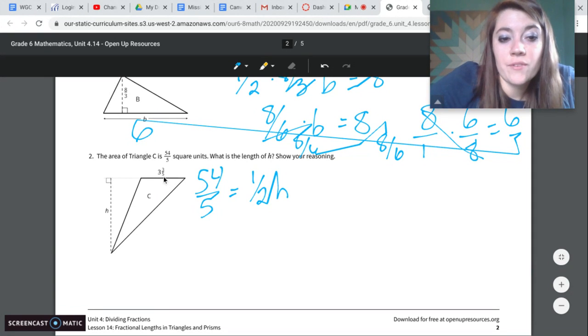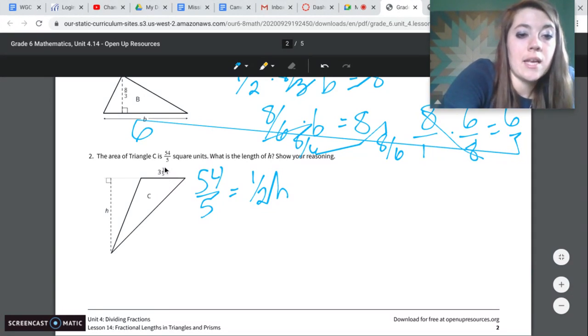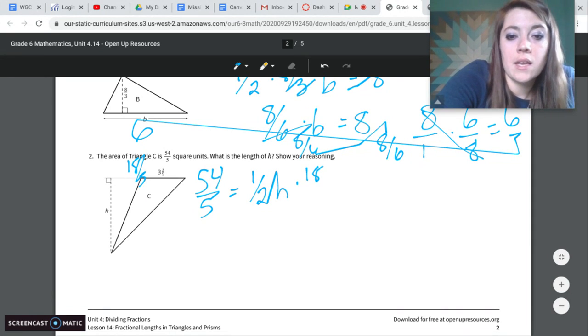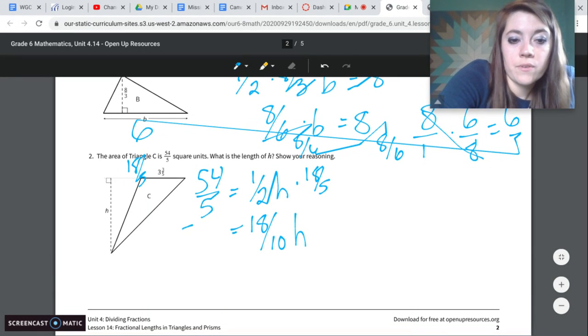So 3 times 5 is 15, plus 3 is 18, so that's 18/5. So 1/2 times 18/5, we're going to get 18/10 h equals 54/5. Divide by 18/10.